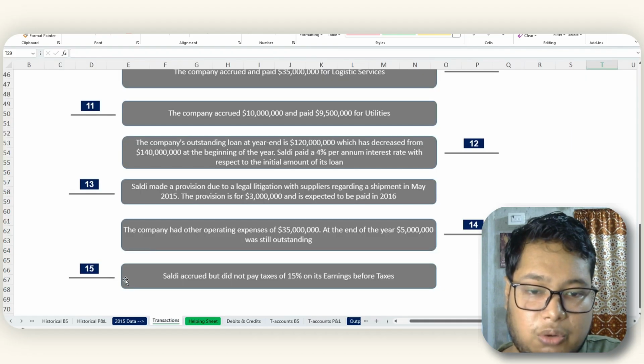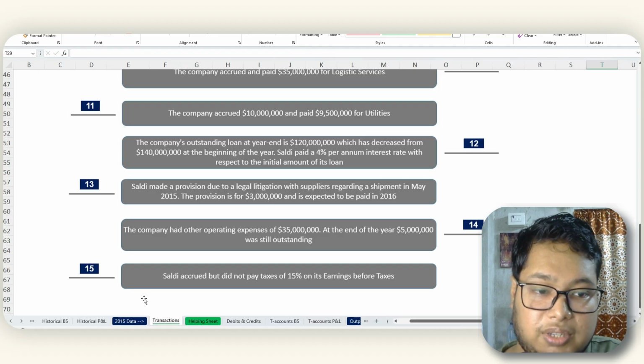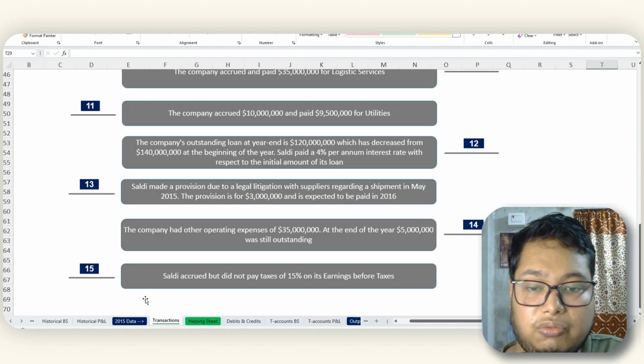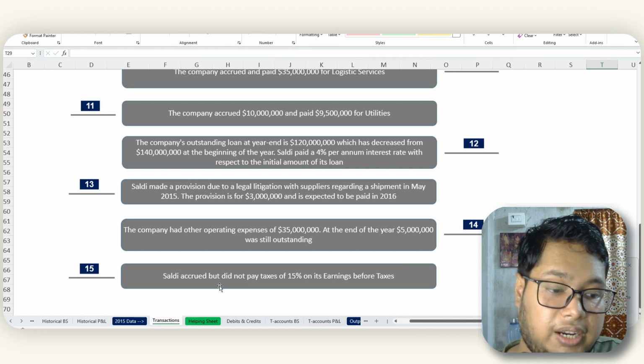The company's outstanding loan at year end is 120 million, which has decreased from 140 million dollars at the beginning of the year. The company paid a 4% per annum interest rate as well.